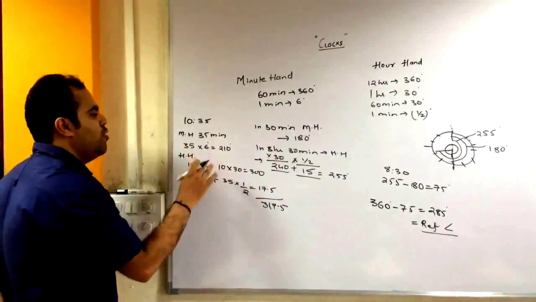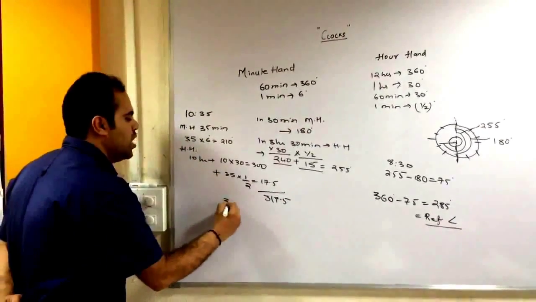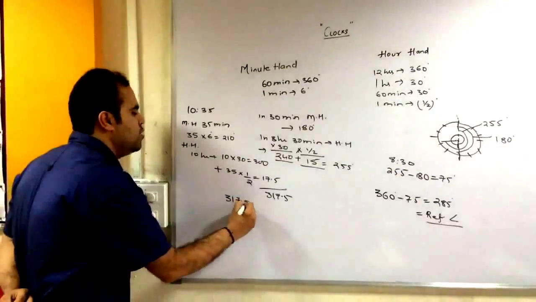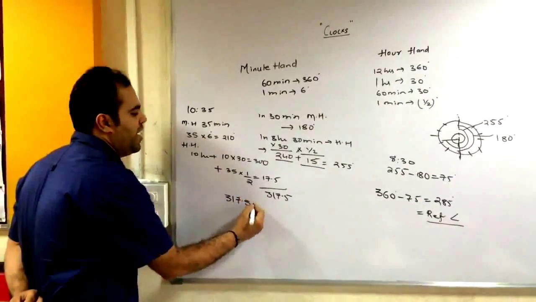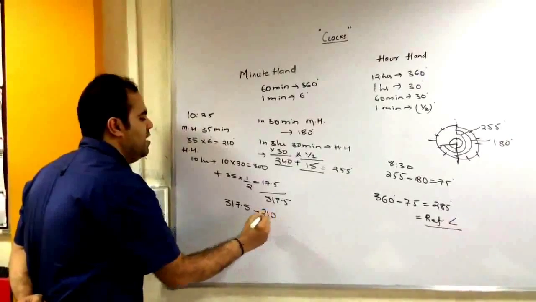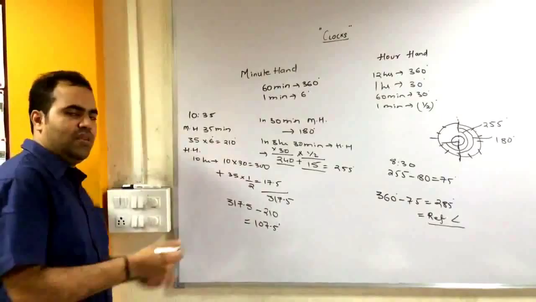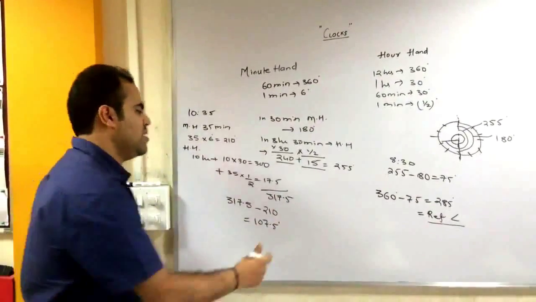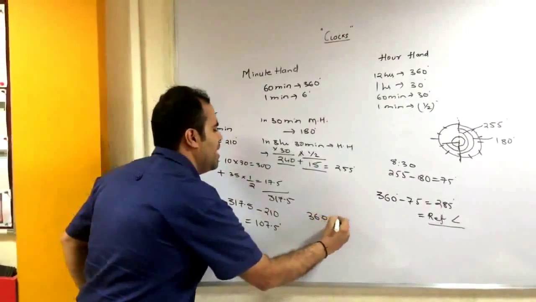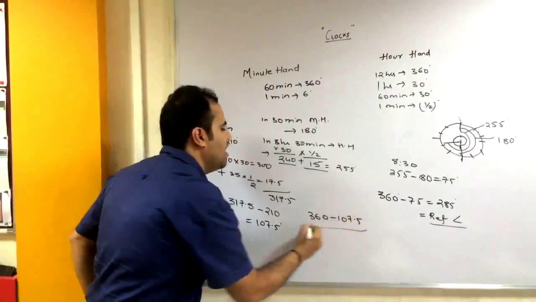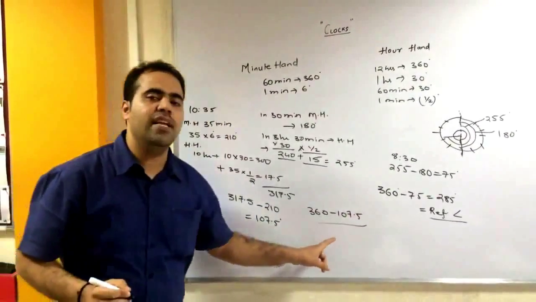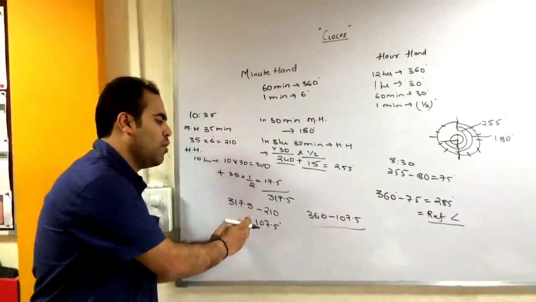The minute hand is traveling for how many degrees? 210 degrees. So I want the angle between the minute hand and hour hand. What I'll do is 317.5 minus 210, which will give me how much? 107.5. Now if the question had asked you what is the reflex angle, you just need to calculate 360 minus 107.5 and you'll get your answer. So this value will give you the reflex angle. This is the normal angle.